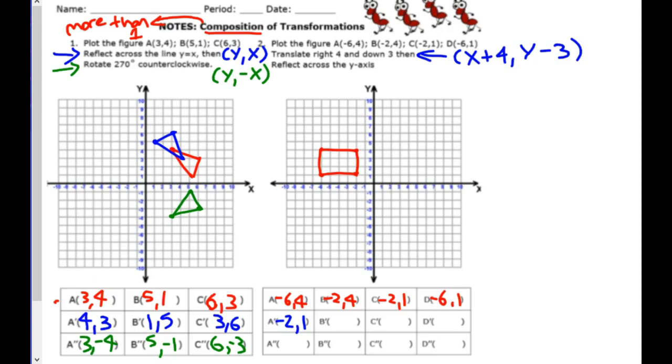So negative 2 plus 4, 2. 4 minus 3, 1. Negative 2 plus 4, 2. 1 minus 3, negative 2. Negative 6 plus 4, negative 2. And then 1 minus 3, negative 2. Okay?